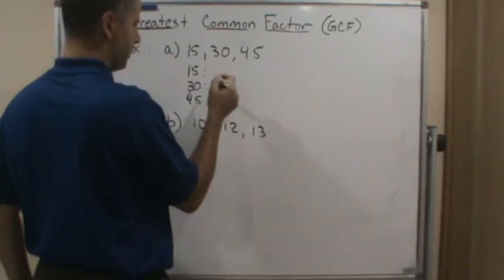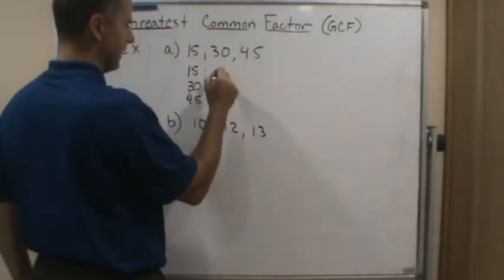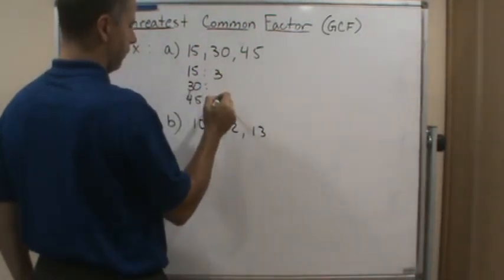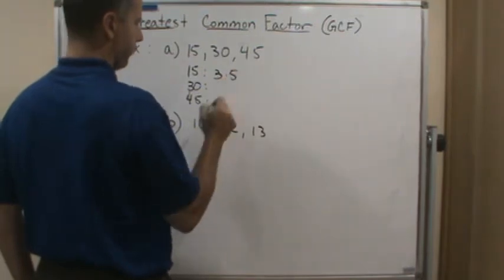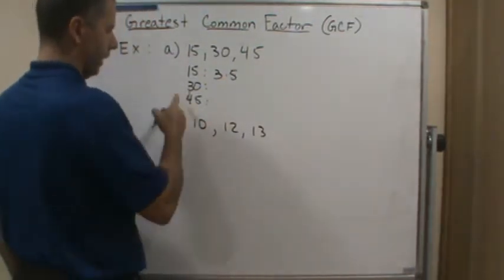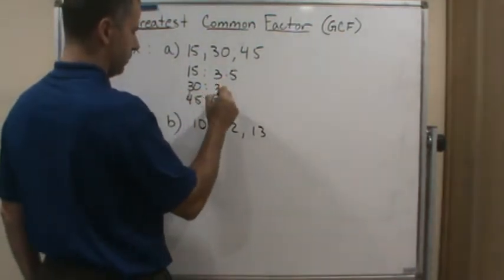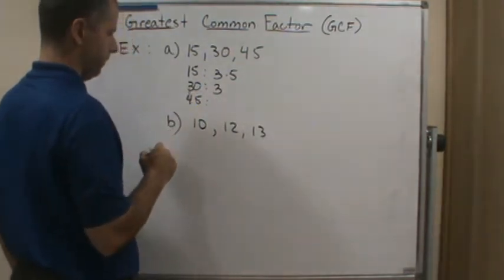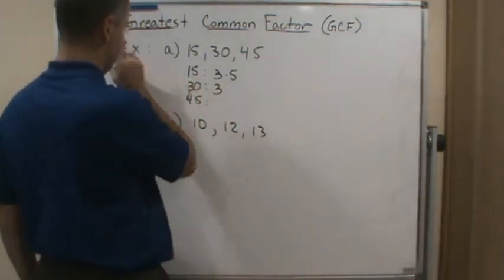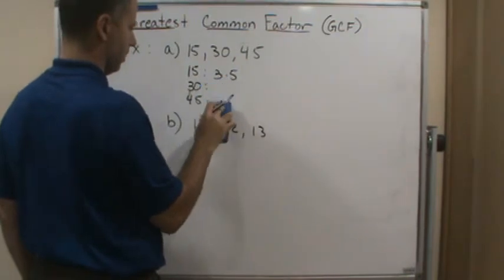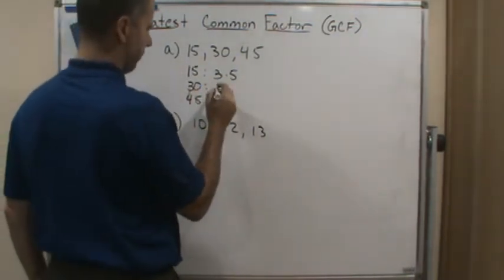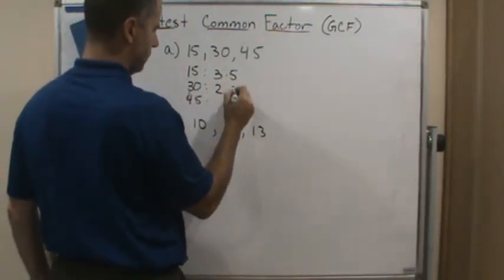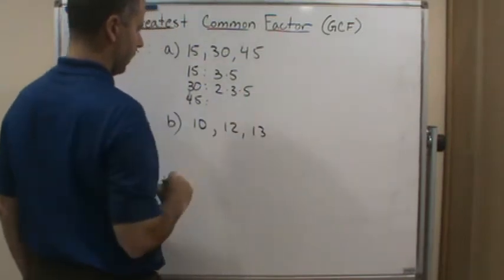Okay, so the prime factorization of 15 is 3 times 5. And then 30 is going to be 2 times 3 times 5.